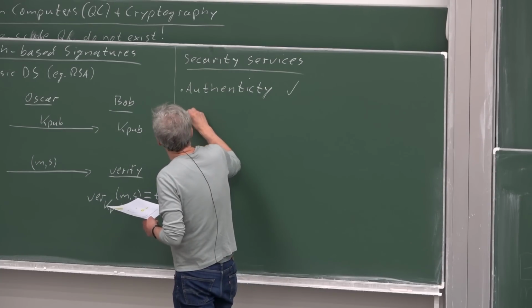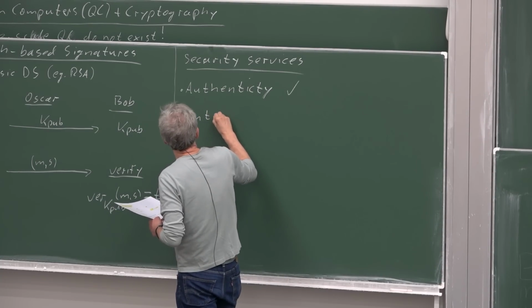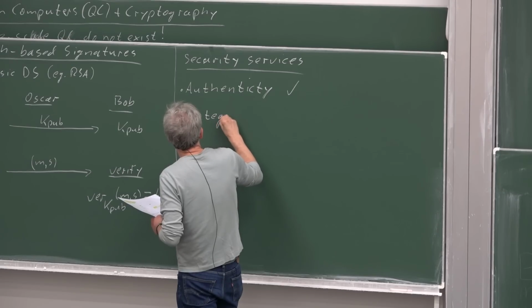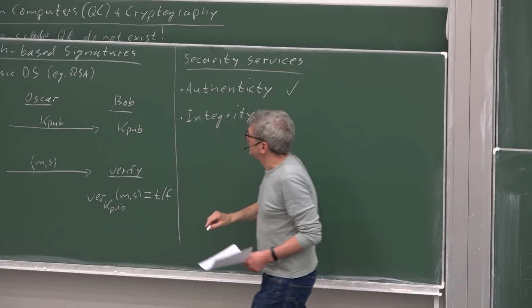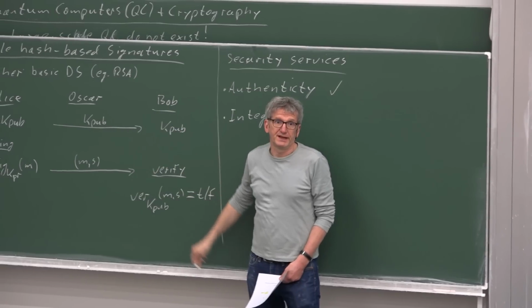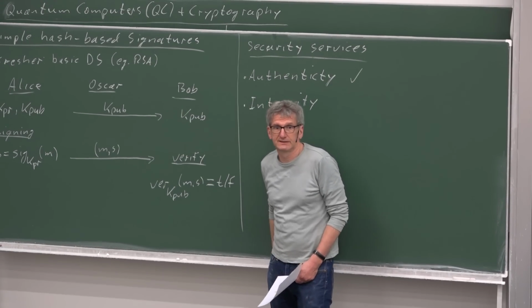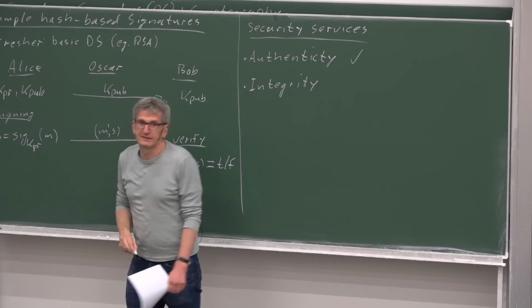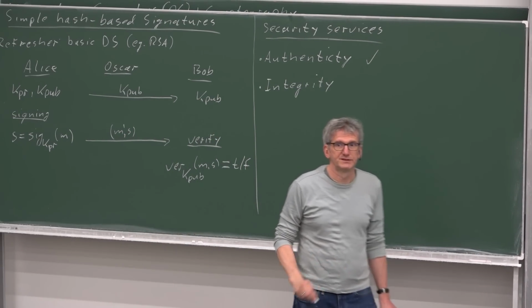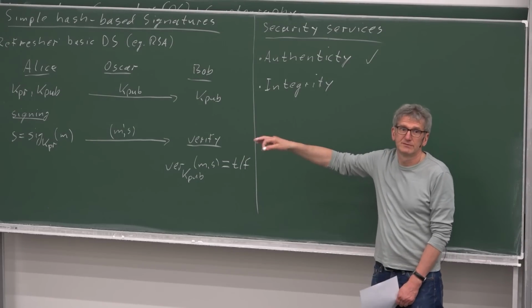Then we have message integrity, which we just called integrität, integrity, meaning can Bob detect changes in this thing? So let's say if Oscar replaces m by m prime, what do you think? Will that be detected by Bob?